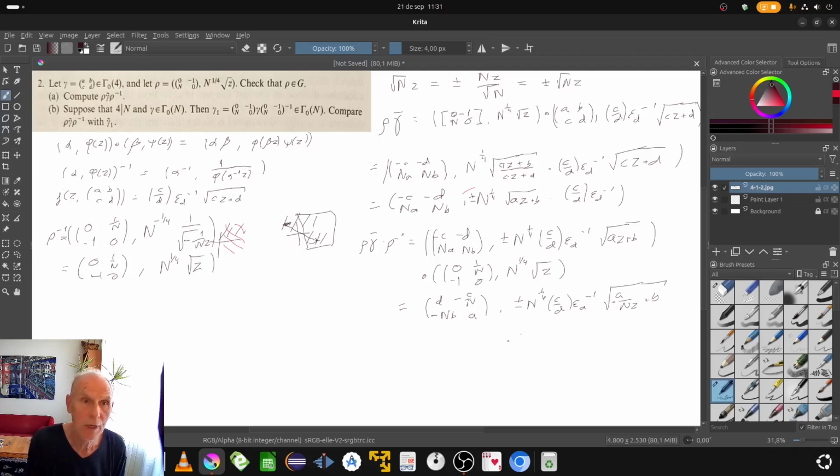Times the other one, n to 1/4 square root z.